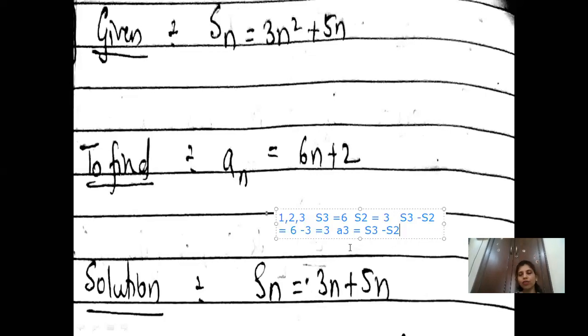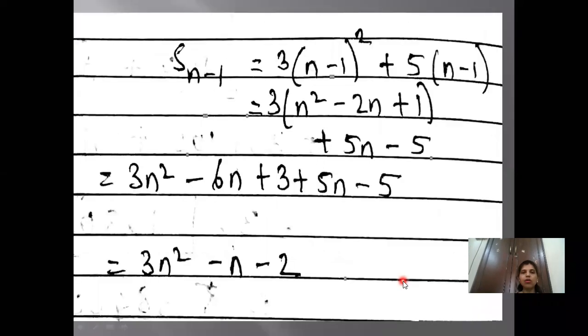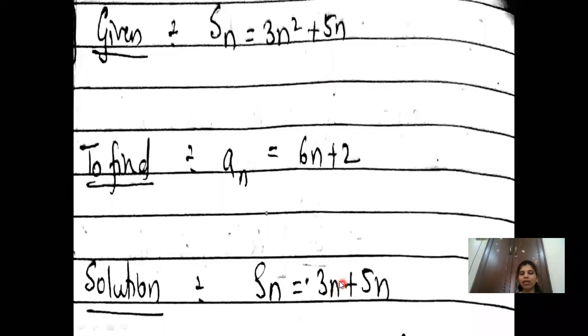So the same logic we are going to use over here to find the value. Here you can see I have written the Sn value as 3n square plus 5n. Now in the next, Sn minus 1, we are going to write 3 bracket n minus 1. Where it is n, now here we'll be writing n minus 1.